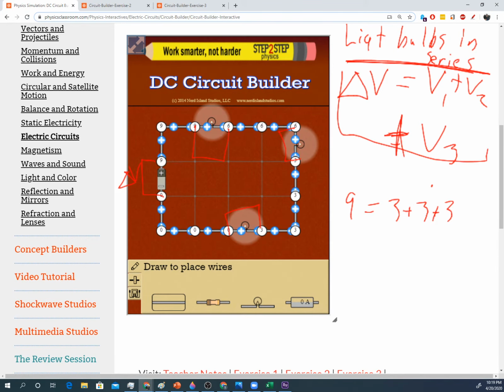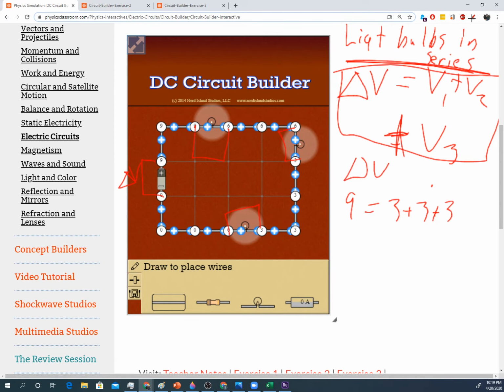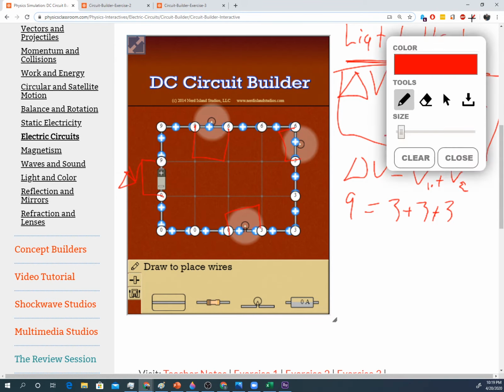This was your equation. Your delta V equaled the sum of the voltage drops across your light bulbs. So I'll clean that up for you a little bit for your notes.